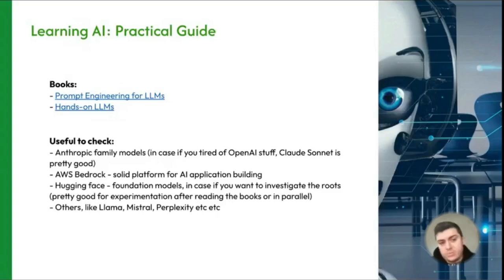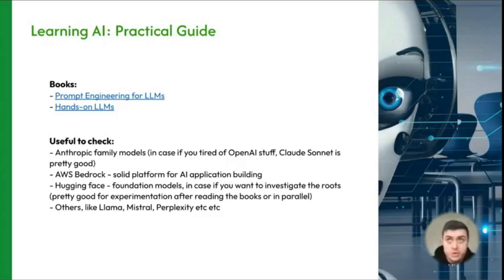So the best way for basic knowledge is books, obviously. Here are the two best books to start your AI learning in general. The first one is Prompt Engineering for LLMs.